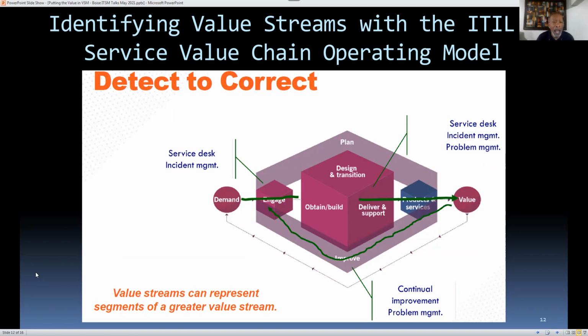But if you look at the bottom left-hand corner where it points out value streams can represent segments of a greater value stream. And I want you to take note of the squiggly line that's going across the word improve.